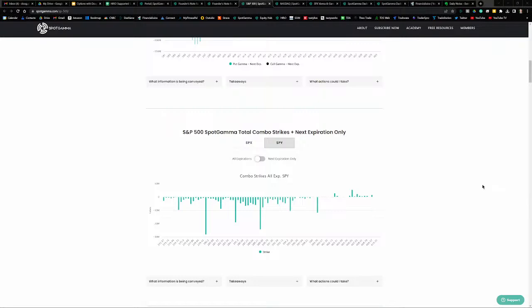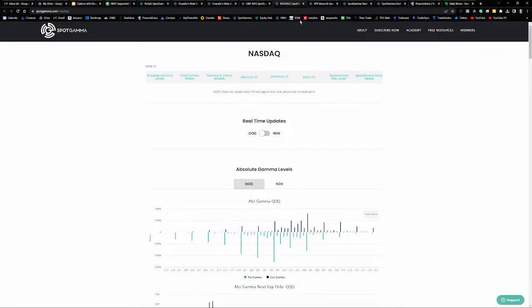Let's take a look at the NASDAQ now. And this is QQQ. This is what we look at for NASDAQ. And for QQQ, the key gamma strike is now at 290, the strike with the largest absolute gamma.